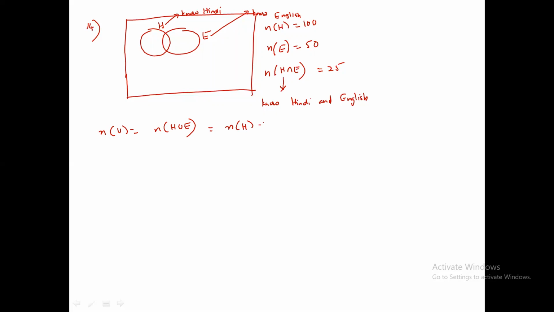That means N of H plus N of E minus N of H intersection E. That means 100 plus 50 minus 25, and that will be 125. So the total number of students in the group is 125.